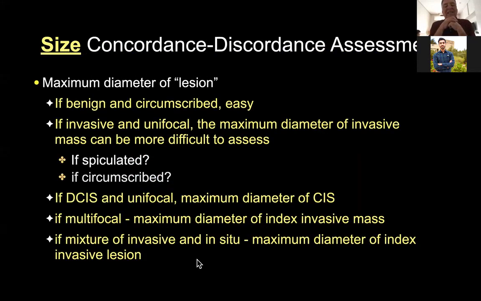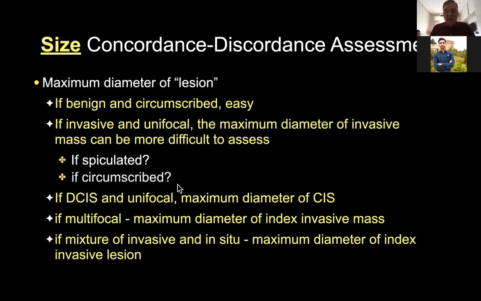Now, size is a problematic description because the way we use it in TNM, it means the quote unquote maximum diameter of the lesion. Well, if the lesion is a circumscribed lesion, that's pretty easy. If it's a spiculated lesion, it gets a little more difficult because do you include the spicules or not? If it's DCIS and unifocal, then that's pretty easy.